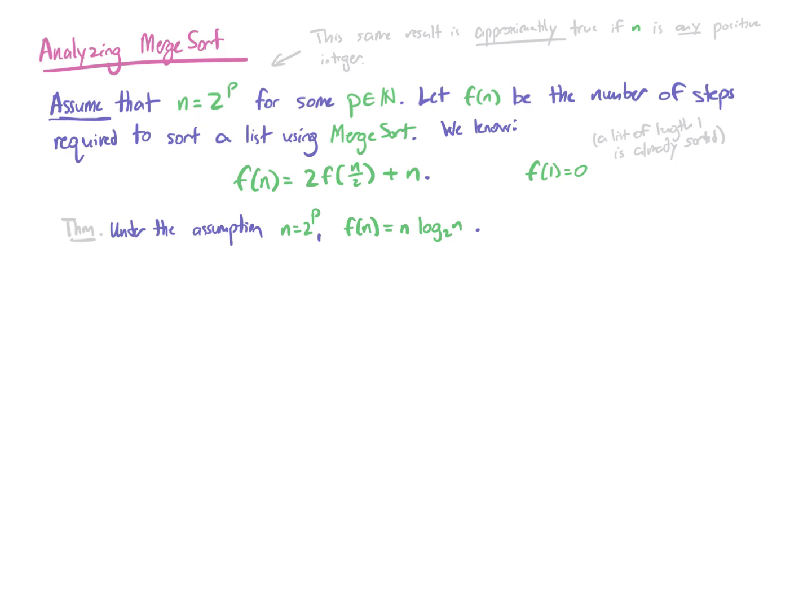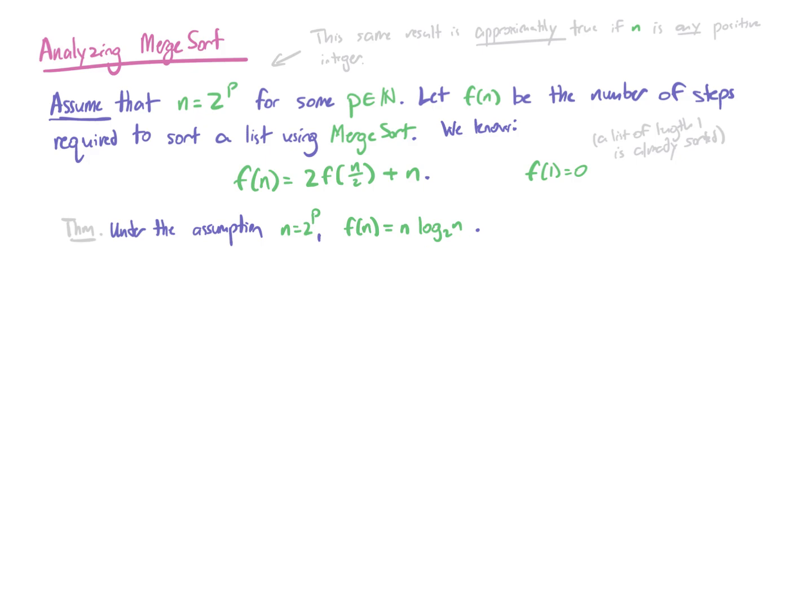So under this assumption, whenever this list has length equal to a power of 2, we actually have this very simple exact expression describing the number of steps. It's n multiplied by the log base 2 of n.